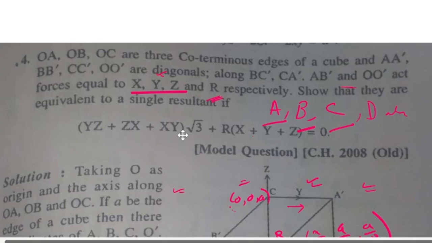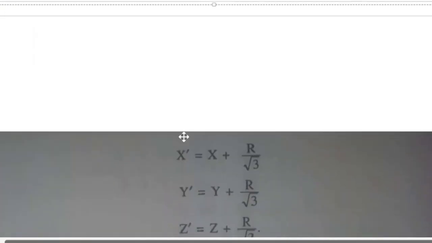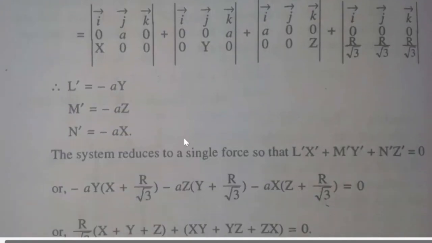So that means what we need to prove? We need to prove the couple is non-existent here, that is, it is 0. So that will lead us to a single resultant force. So if your system is reduced to a single resultant, suppose this resultant I call R dash.